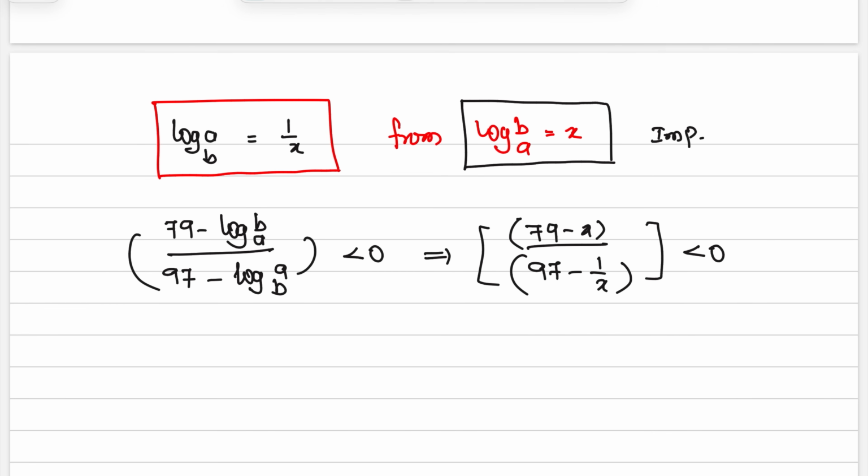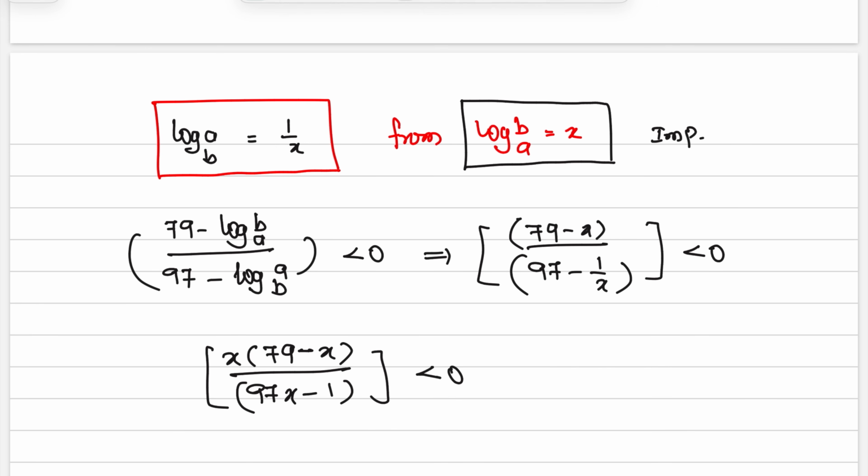It is a regular algebraic inequality here. Now this becomes x into (79 minus x) whole divided by (97x minus 1) is less than 0.